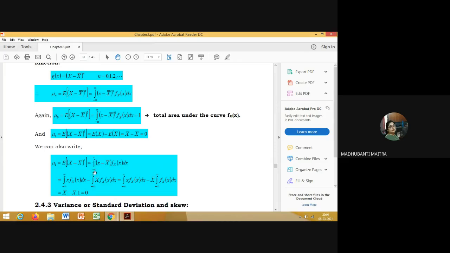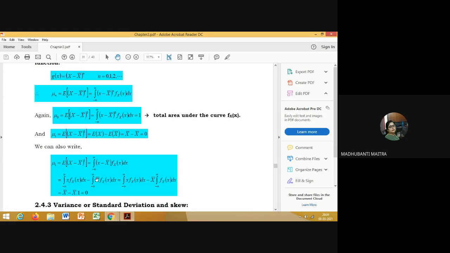One is the integral from minus infinity to infinity of x fx dx, and the second part is minus x bar times the integral from minus infinity to infinity of fx dx. The first term is equal to the expected value of the random variable by definition. So the integral of x fx dx gives us the expected value x bar.